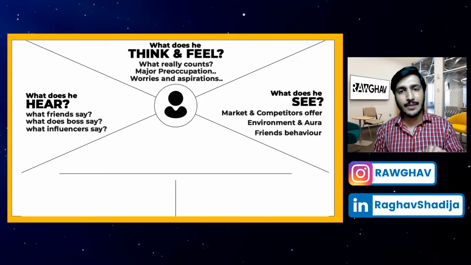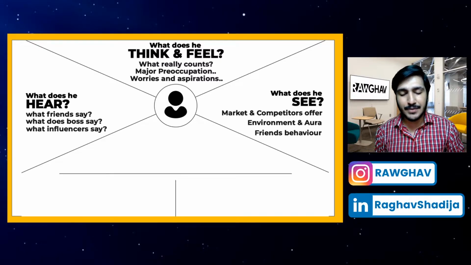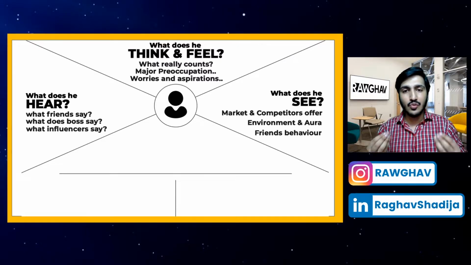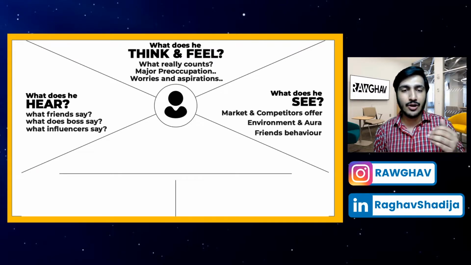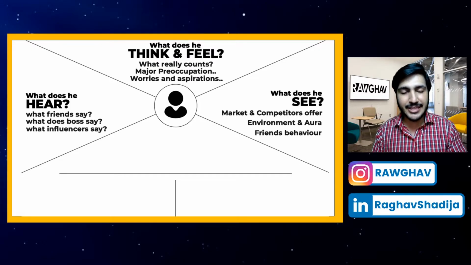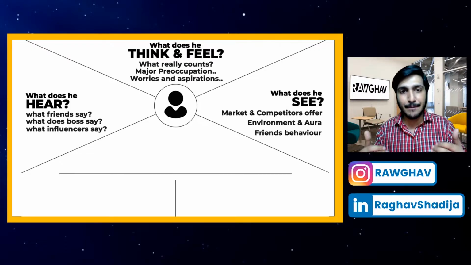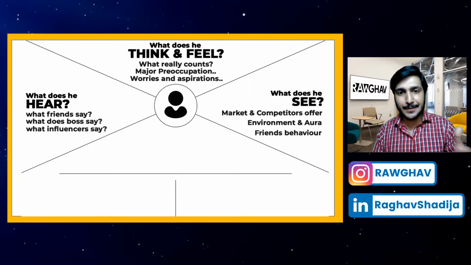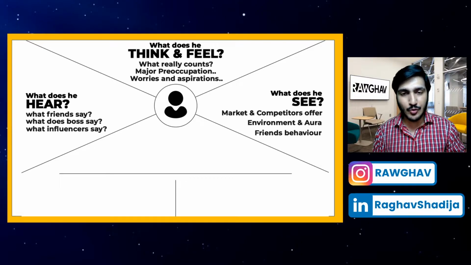Now we want to talk about what the user thinks and feels. What really counts for that person? Maybe somebody interested in Adobe Photoshop is really counting on their aspirations, or on being better with everyday practice. What are the major preoccupations?